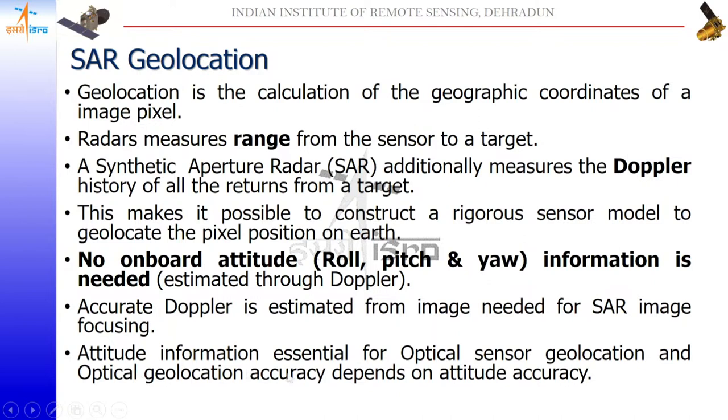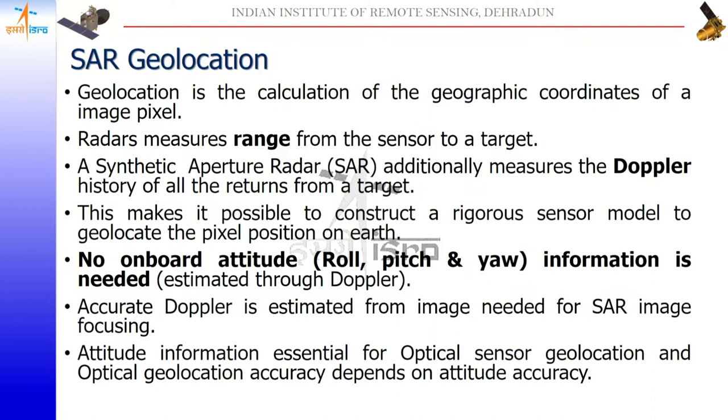This attitude information is essential for optical sensor geolocation, and optical geolocation accuracy depends on the attitude accuracy. So in the optical case, we are dependent on the attitude information, meaning we have to calculate the roll, pitch and yaw. This roll, pitch and yaw accuracy is dependent on the instrument accuracy.